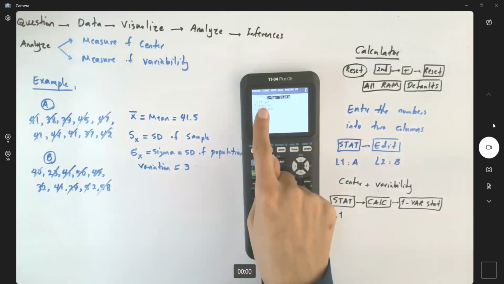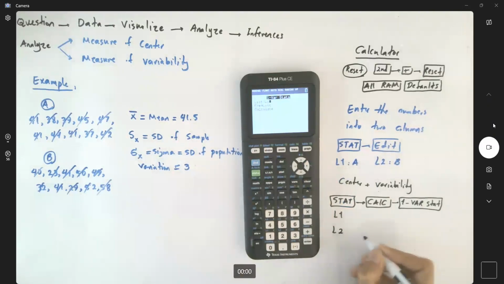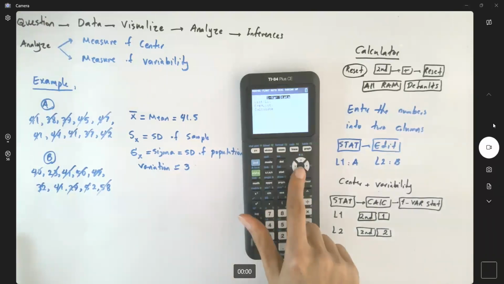Now you want to switch to L2. Click on second 2. So it changed your column to L2. If you want to go back to L1, you click on second 1. Okay, very good. So let's do the calculation.